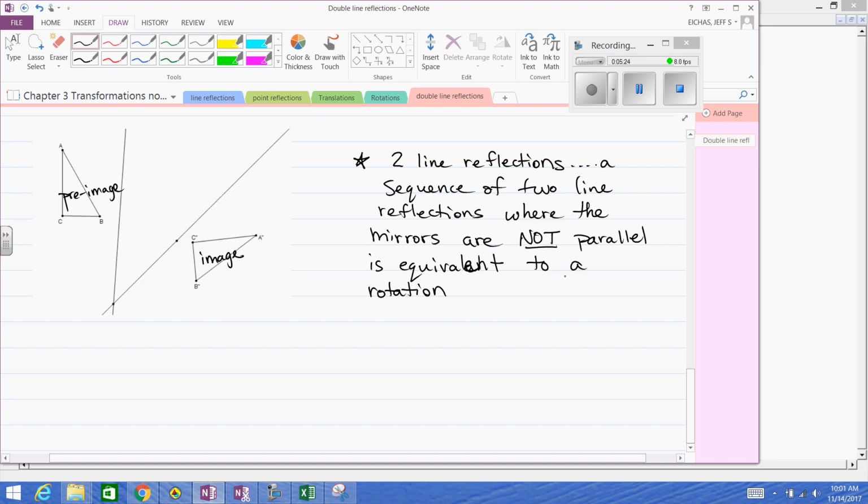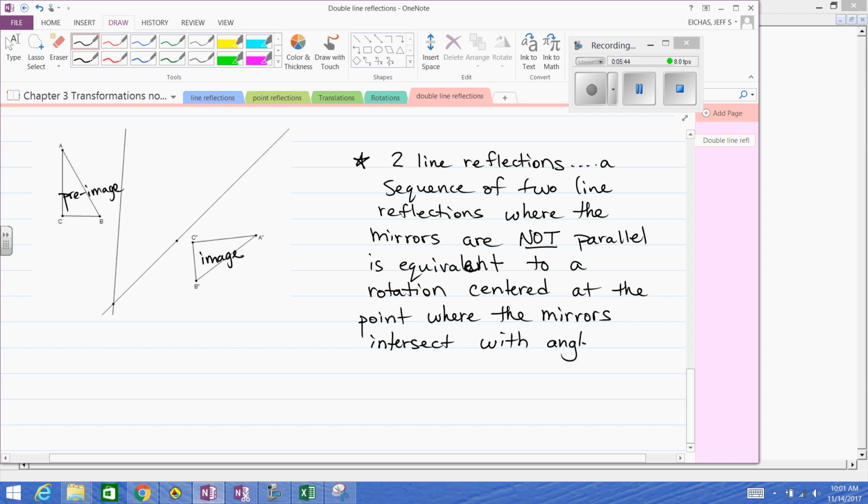So it is equivalent to a rotation centered at the point where the mirrors intersect with an angle of, now I'm going to come back and fill in the blank here, okay? Let's go back over to Geometry Sketchpad and investigate that. Just show you some different things over there.